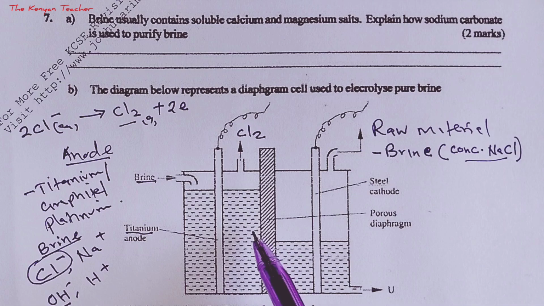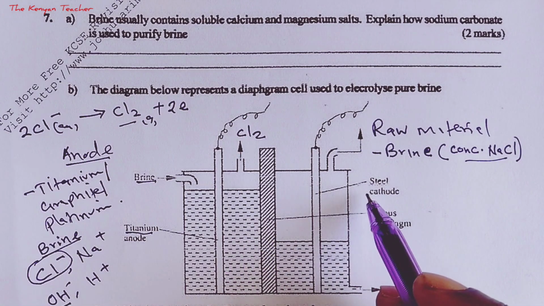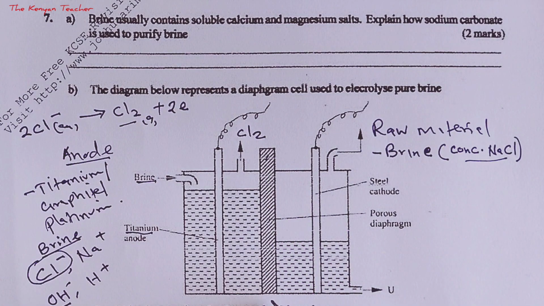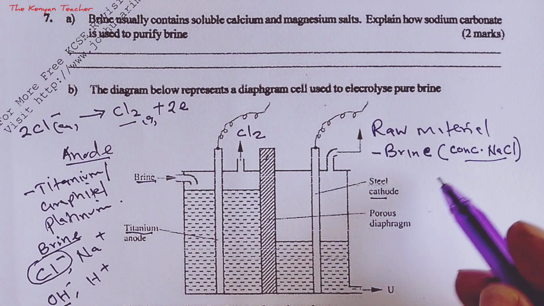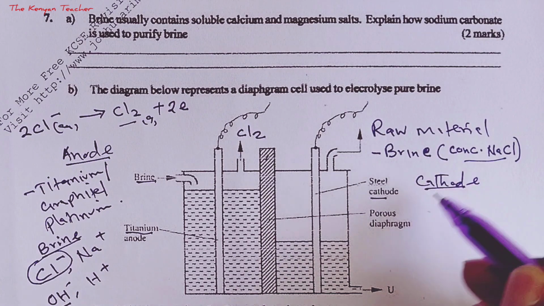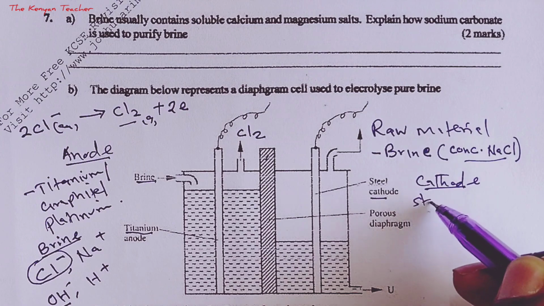Now, between the anode and cathode, we have got a porous diaphragm here, which we are going to explain the use in a moment. But first, let's have a look at the cathode. Now, the cathode, as we can clearly see here, is made of steel.